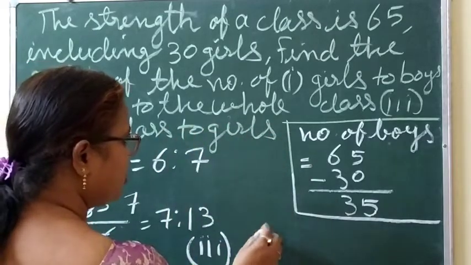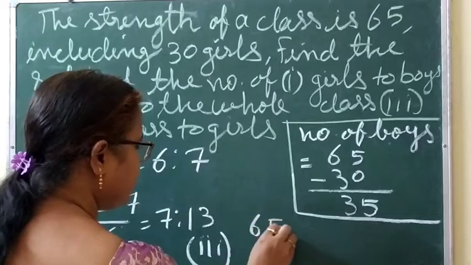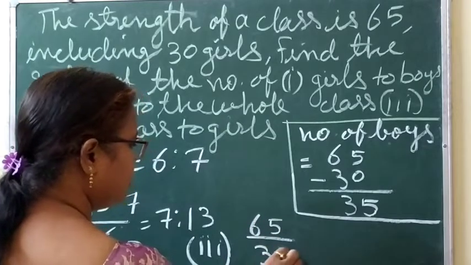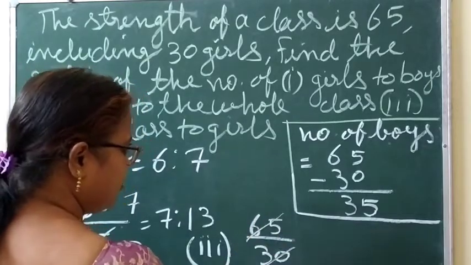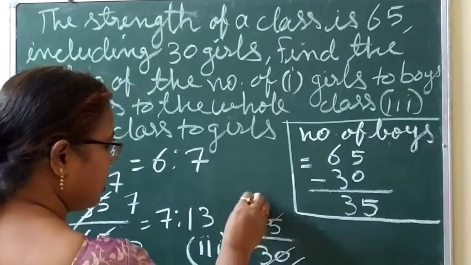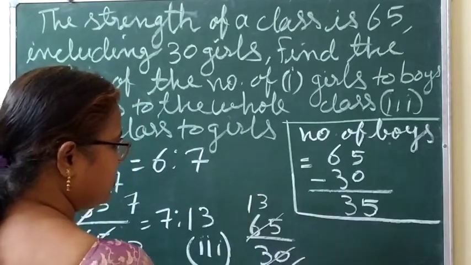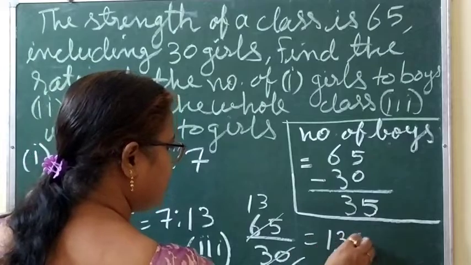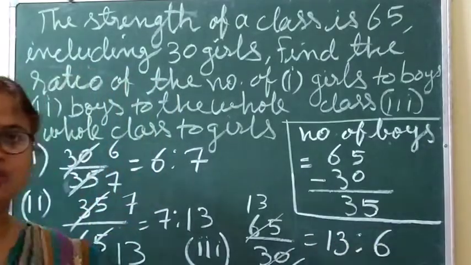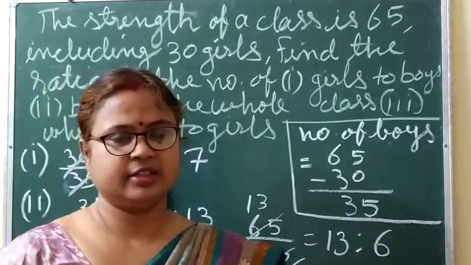Whole class is 65 and the girls is 30. So 5 6s are 30, 5 1s are 5, 5 13s are 65. So the answer will be 13:6. Clear? I think it is clear.